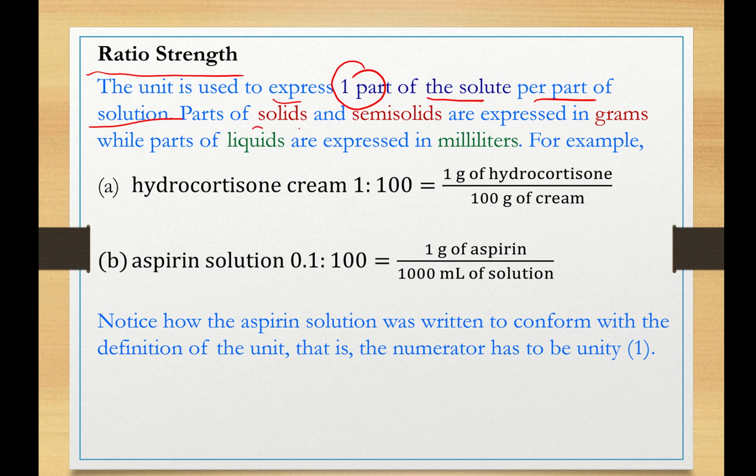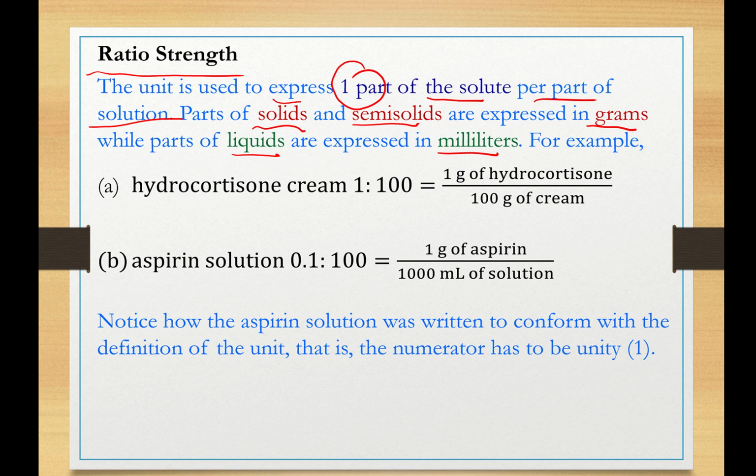If it's a solid, it is expressed in grams. If it's a liquid, it's expressed in milliliters. So solids and semi-solids are expressed in grams. If they're liquids, they are expressed in milliliters. Now, not all books follow this rule. Please read carefully and make sure that the units are written next to the ratio strength.